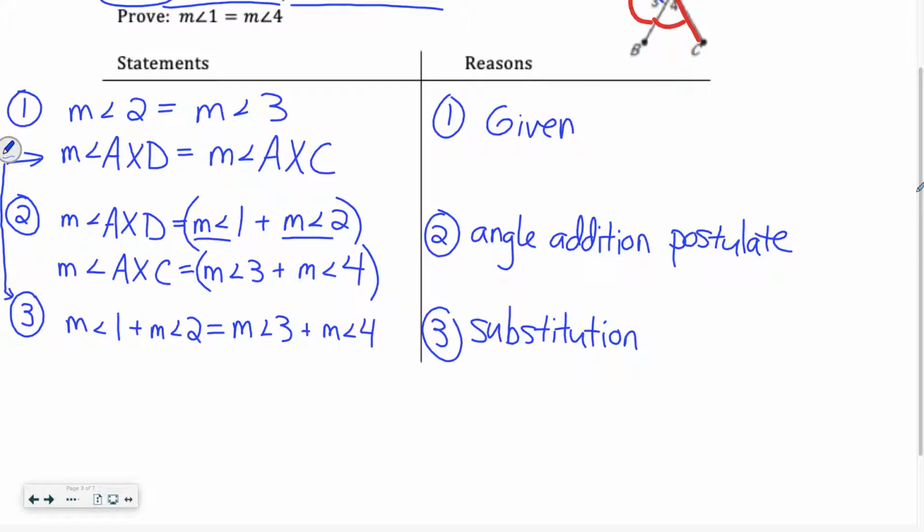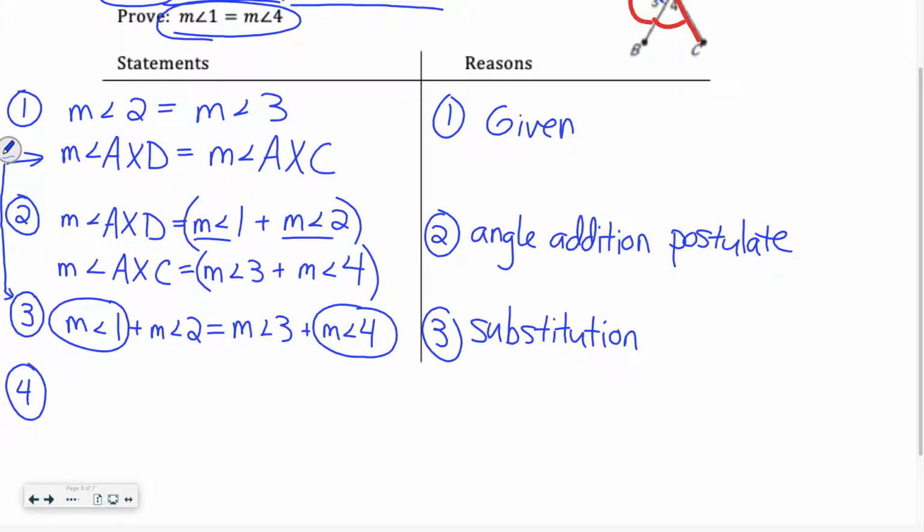Now our last step, we wanted to show that angle 1 equals angle 4. Right now, we have angle 1 on the left side, and we have angle 4 on the right side. So we're really close. What do we have to do to show angle 1 equals angle 4? We have to get rid of angle 2 and angle 3. How can you get rid of a plus angle 2?